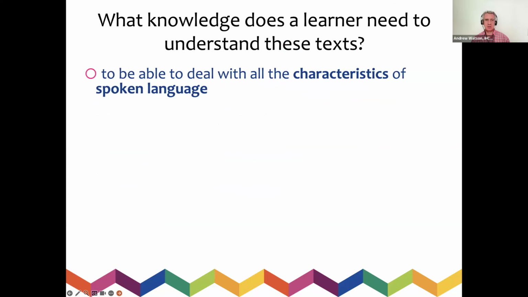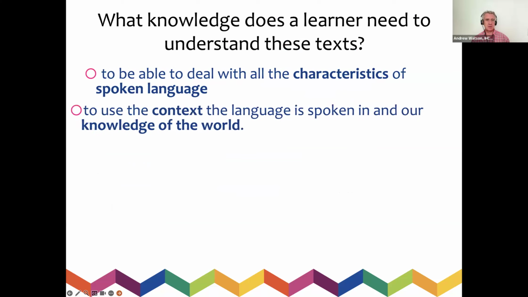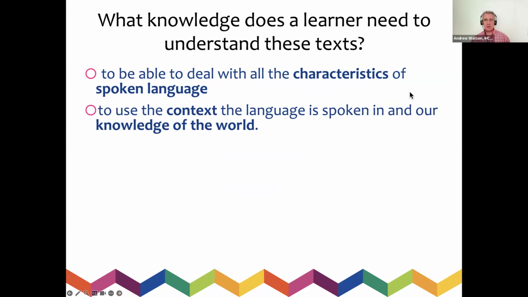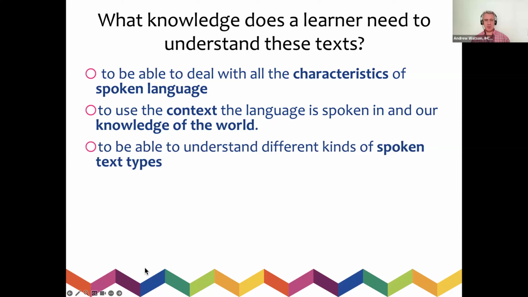So let's consider these. Students need to be able to deal with all the characteristics of spoken language. We use the context the language is spoken in and our knowledge of the world. We need to be able to understand different kinds of spoken text types, right?